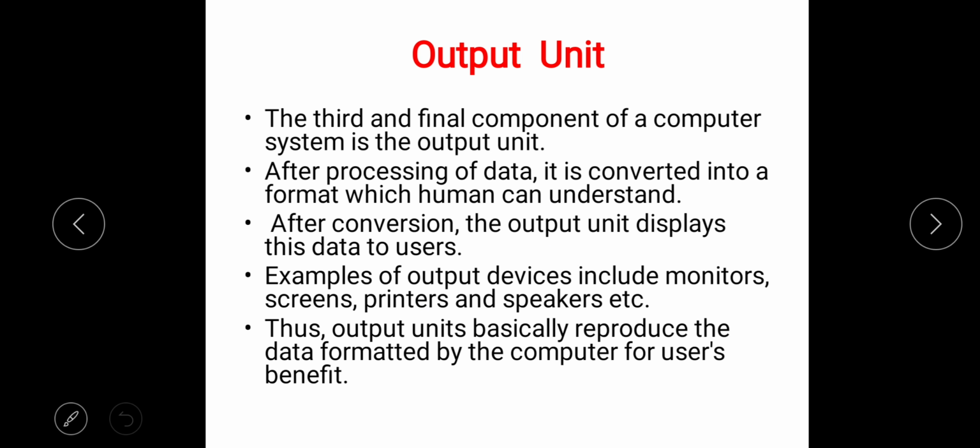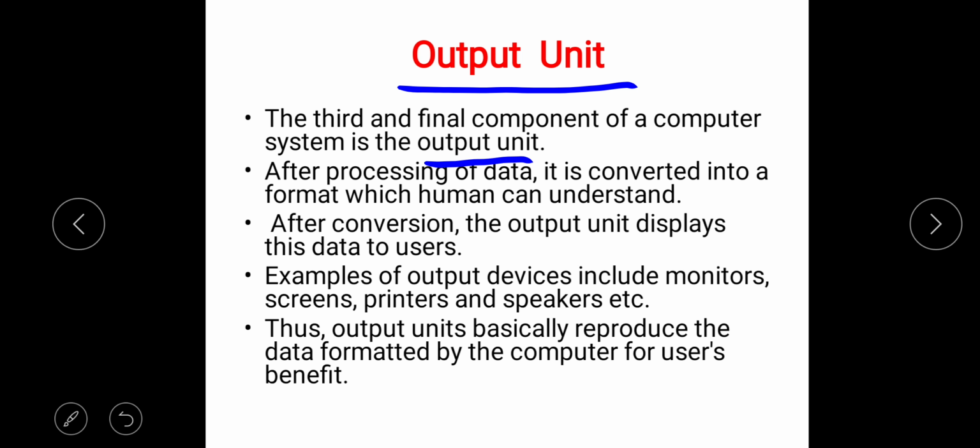Then the third and important component is our result component. It is nothing but the output component. So it is the final component of our computer system. After processing all the operations, the result is converted into a format which we can understand. It means a human understandable way. After the conversion, the output unit displays the data for the user. Examples of output devices are monitors, screens, printers and speakers.